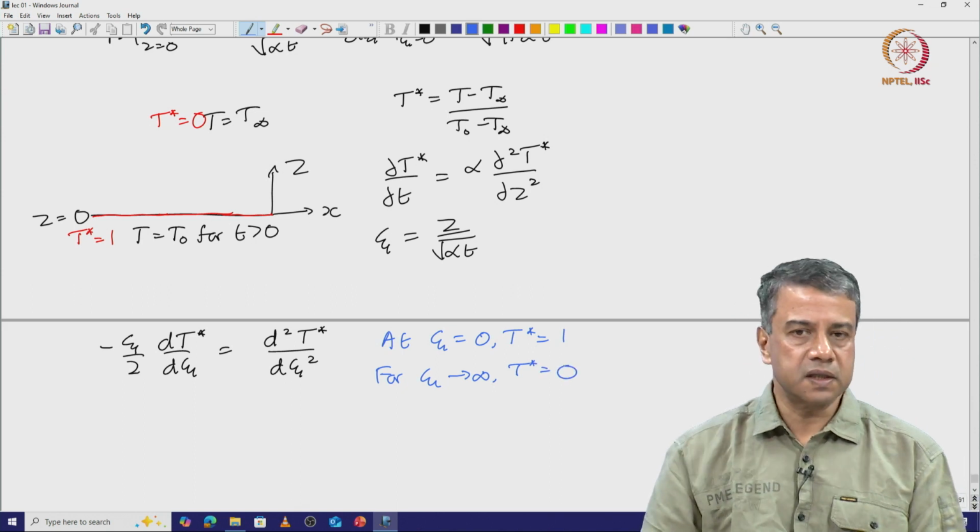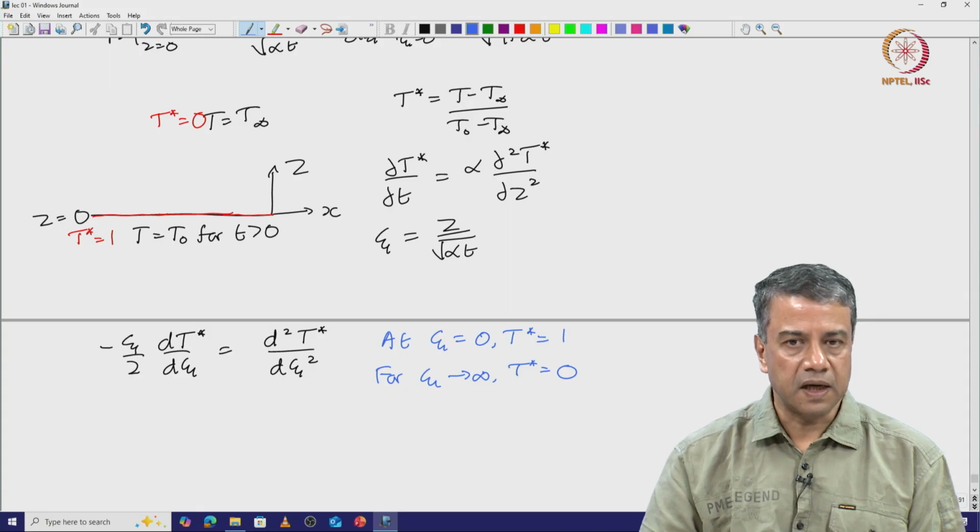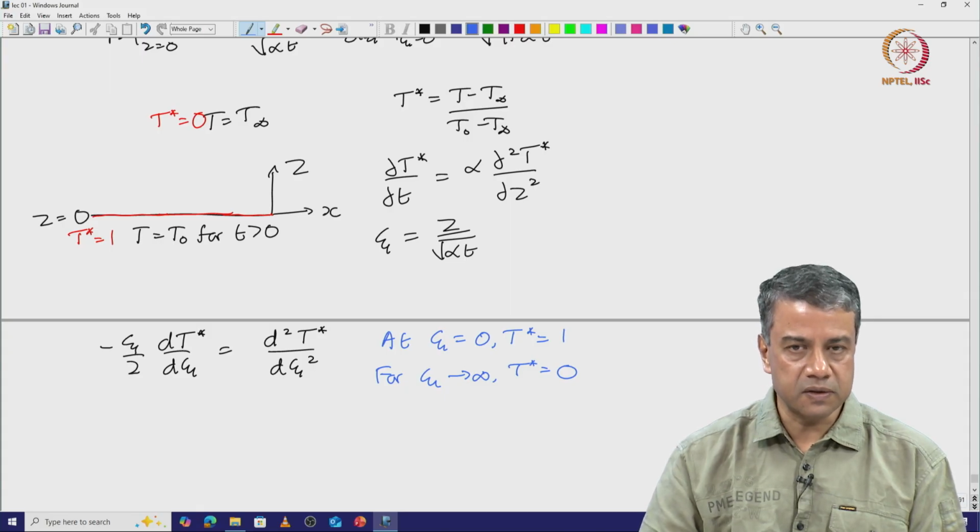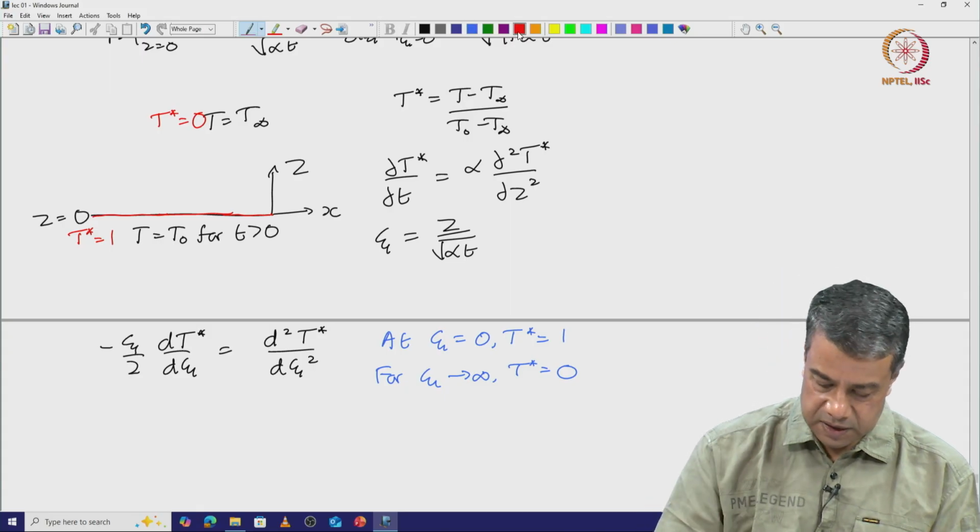The condition as z goes to infinity and the initial condition at t equal to 0 both reduce to the same condition.